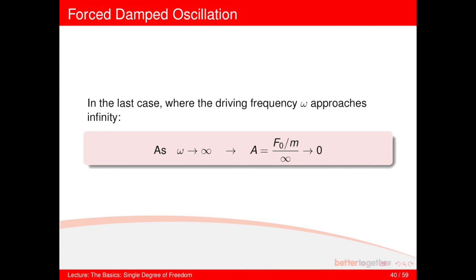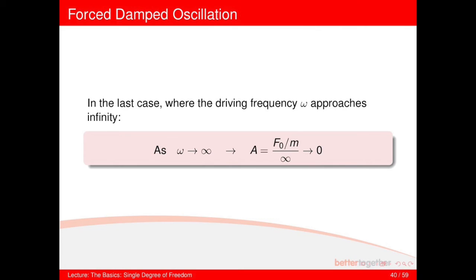And then, in the case where the driving frequency approaches infinity, our A equation will end up being F0 divided by m divided by infinity, and obviously that's approaching 0. So again, the same situation happens. You start off when omega is very low at your static displacement, and then as omega goes to infinity, your displacement goes down to 0.